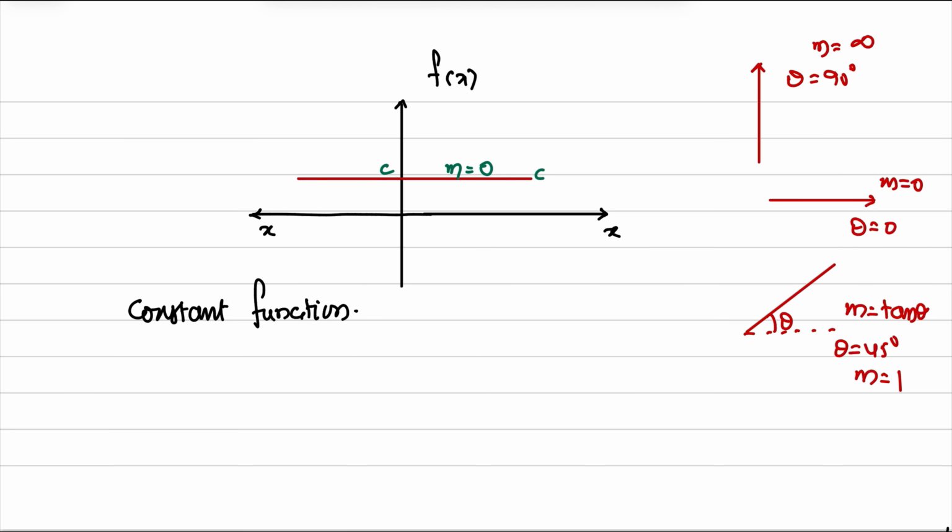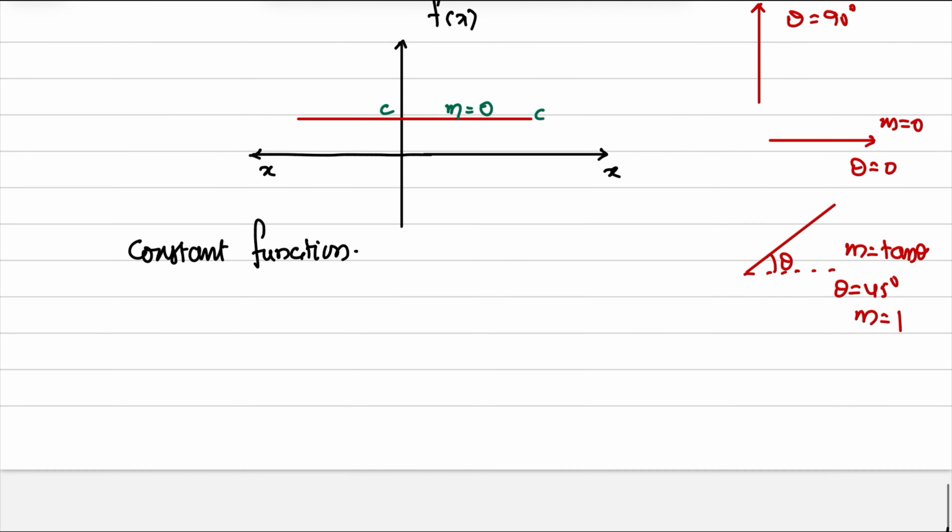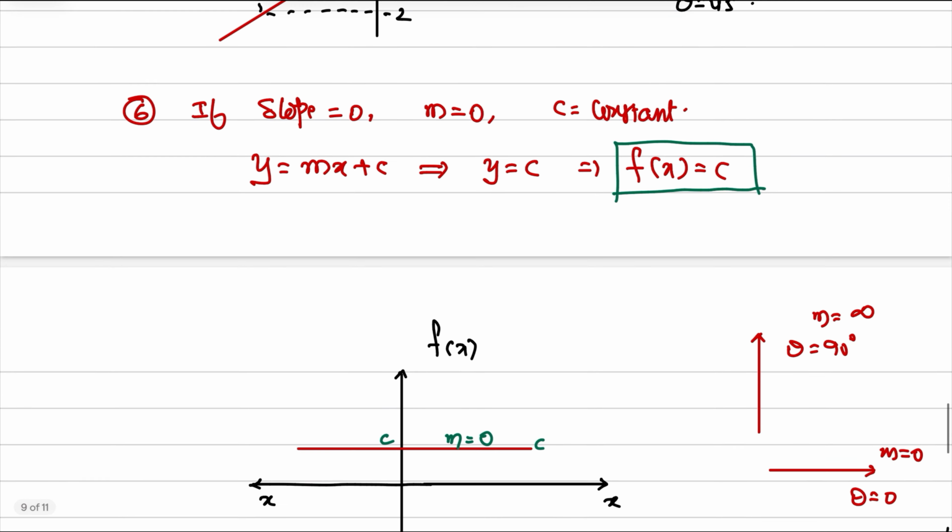We have seen identity function, constant function, signum function, greatest integer function, then modulus function, and there will be some polynomial. What is polynomial? Please tell me. Next is polynomial function.